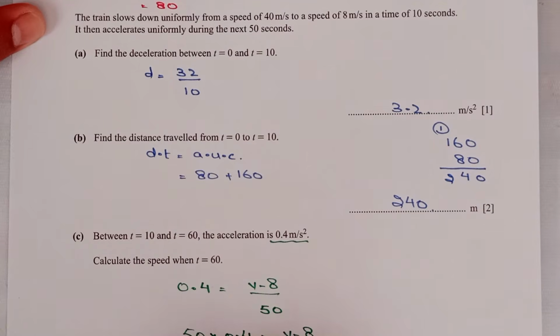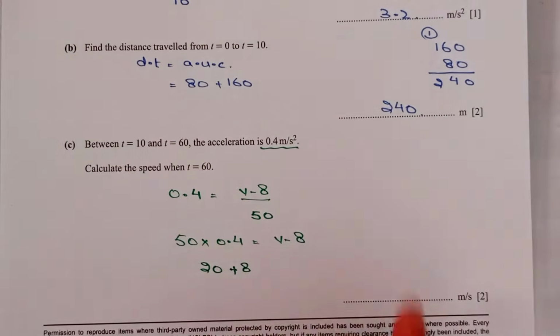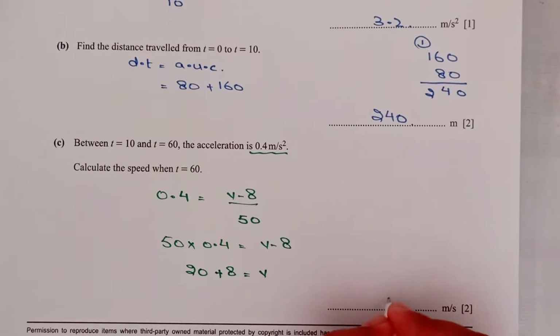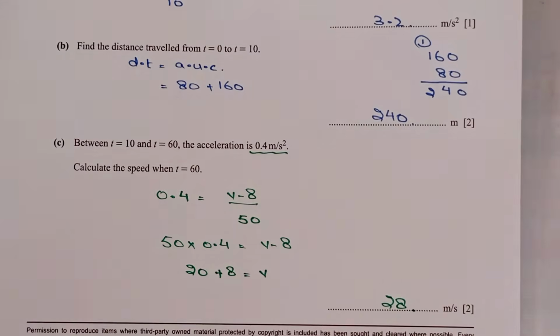So 50 times 0.4 is 20. Then, moving the 8 to the other side, 20 plus 8 would be equal to v. So the speed when t is 60 would be equal to 28 meters per second.